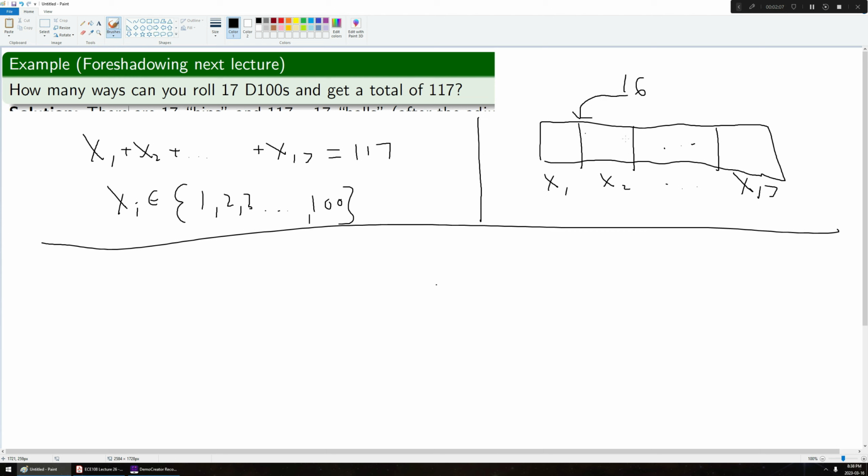Under this framework, I want to place 117 balls, or stars if you will, into these bins. But I have a restriction: I can't put more than 100 balls into one of these bins, and I have to put at least one in every single bin. So I have to put values between 1 and 100.